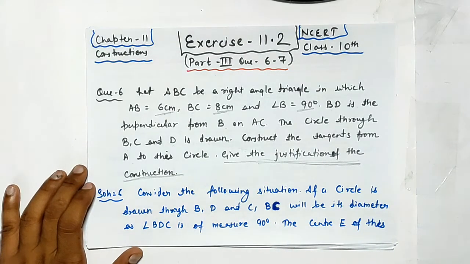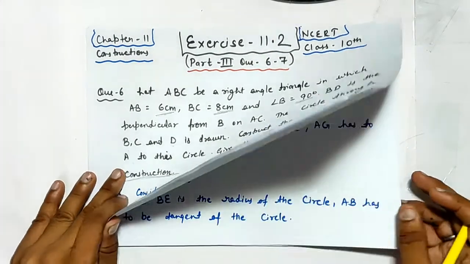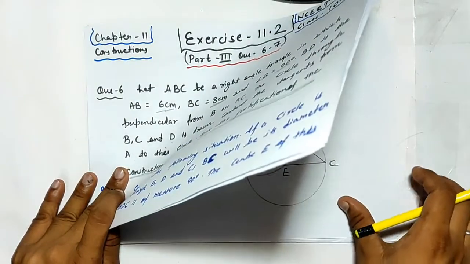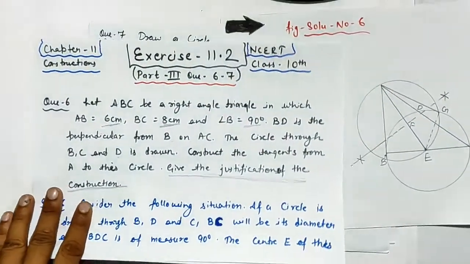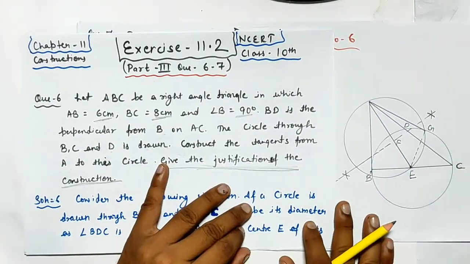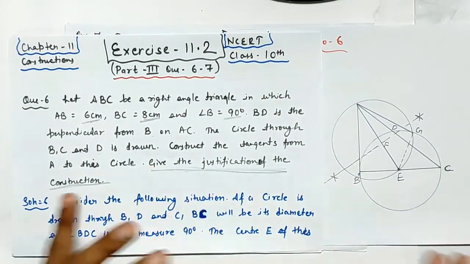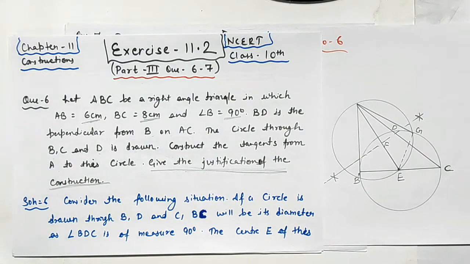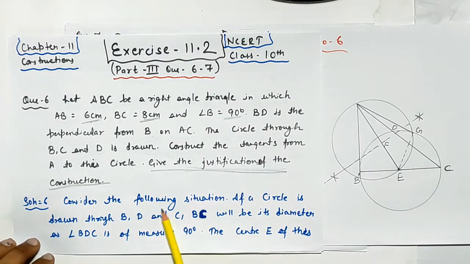So let's start with the solution part, but before starting the solution part, let me show you the diagram for the same. So this is a diagram for question number 6. So this is on your screen. So let's start with the solution part. So solution is, consider the following situation.